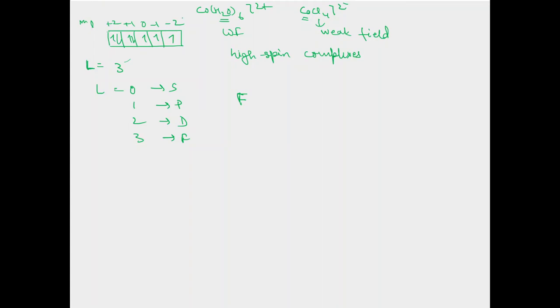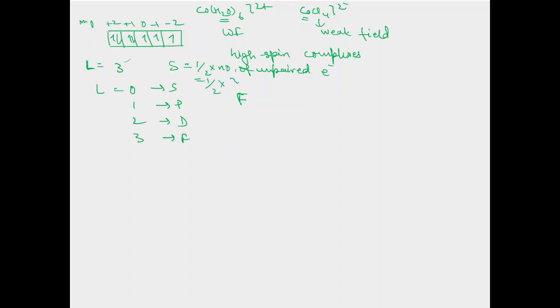Okay. Then what is the total spin number? That is S. S is half into the total number of unpaired electrons. In this case, we can see that there are 3 unpaired electrons.